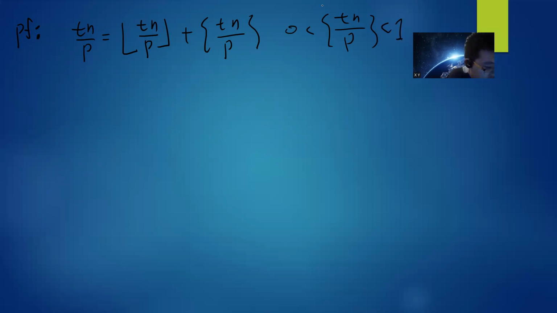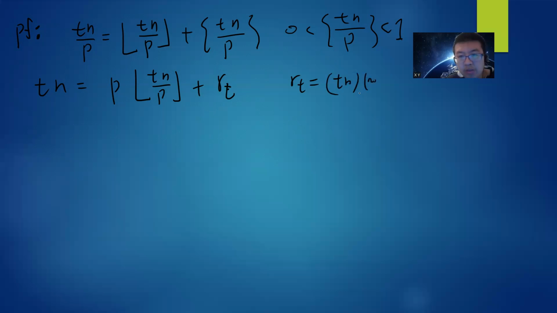Okay, so I can write tn equals p times floor of tn over p, plus p times the fractional part, and I call it R_t. So R_t is basically the remainder. R_t is just tn mod p, choosing the positive residue.